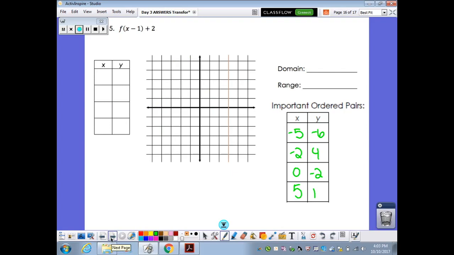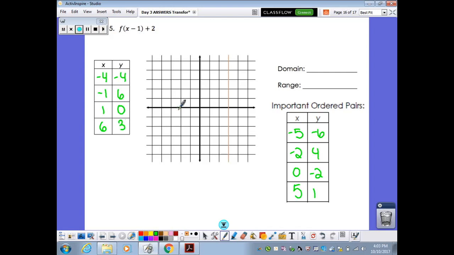This one has 2 transformations. This is telling us we are going to move our function 1 to the right and 2 up, which means we're adding 1 to all of our x's and we're adding 2 to all of our y's. So when we do that, we get negative 4, negative 1, 1, 6. When we add 1 to all of our x's and 2 to all of our y's, we get negative 4, 6, 0, 3.